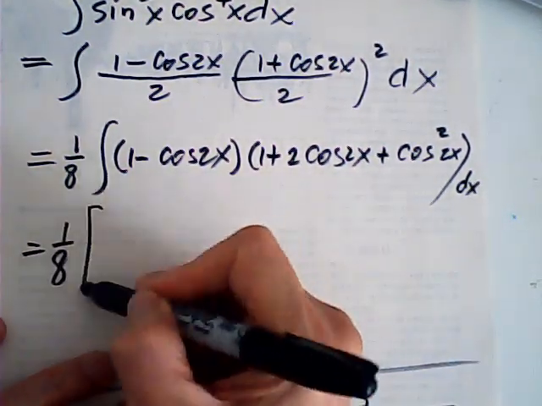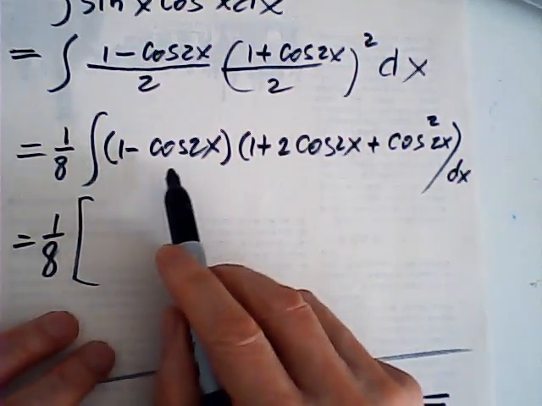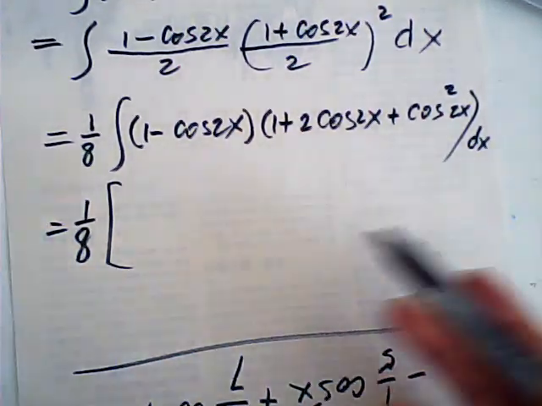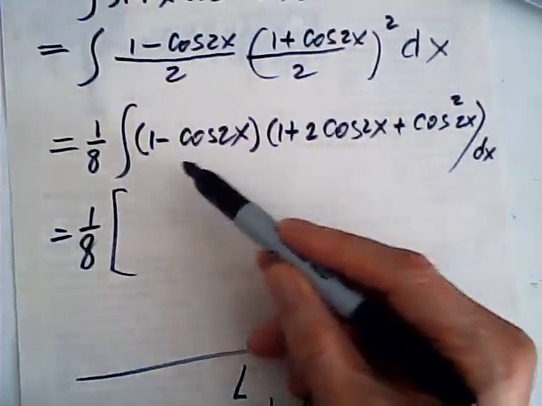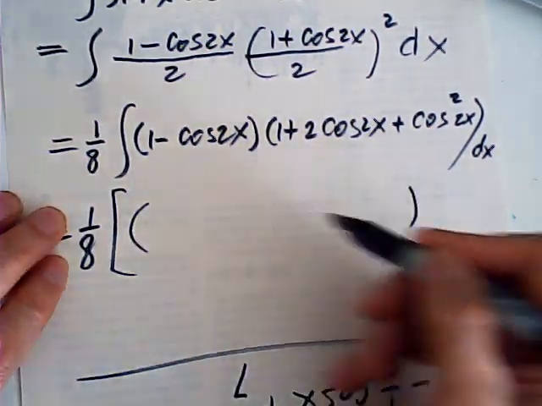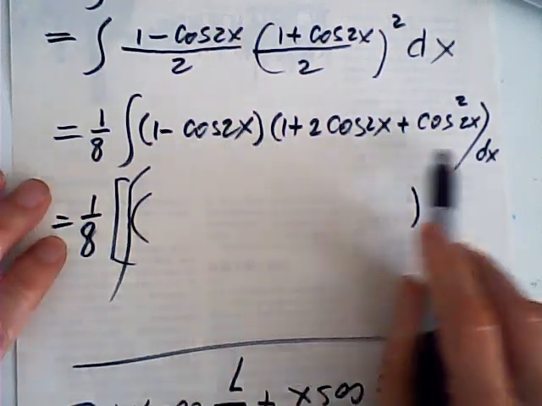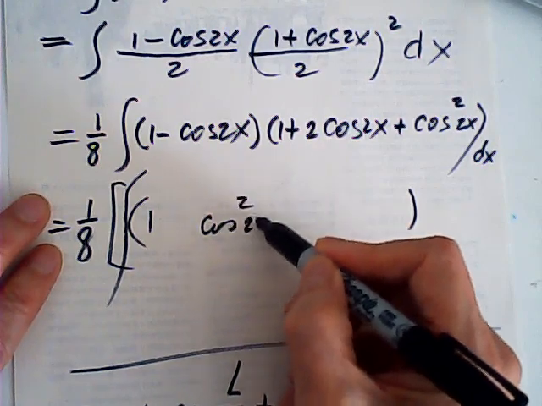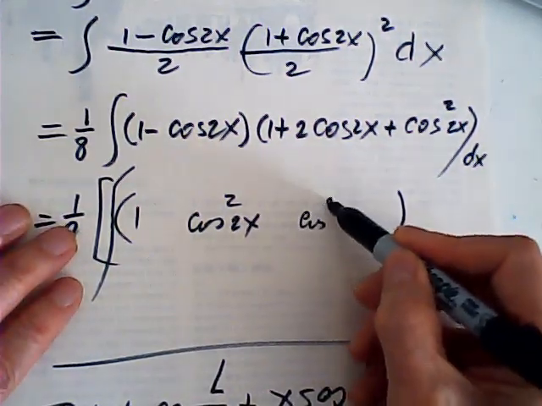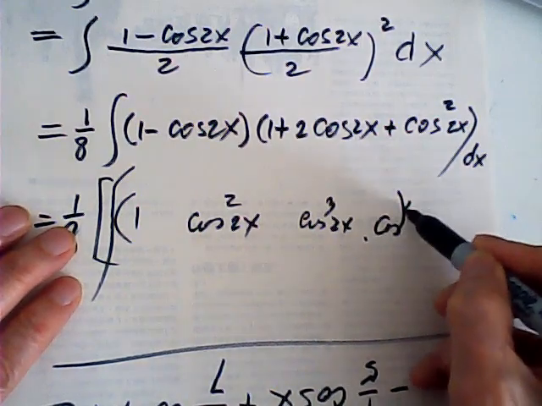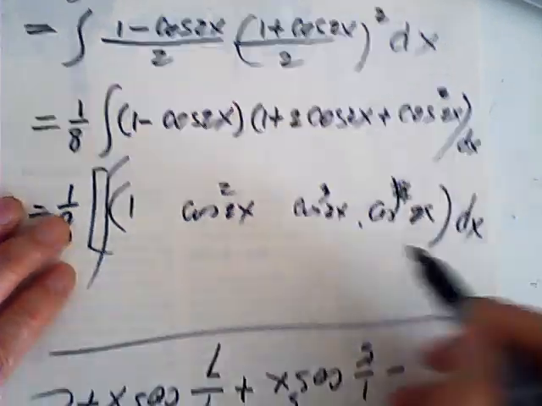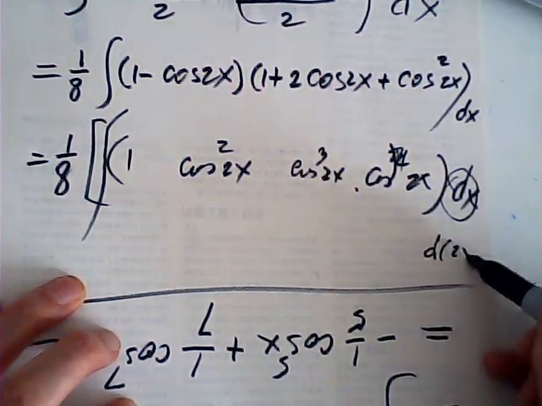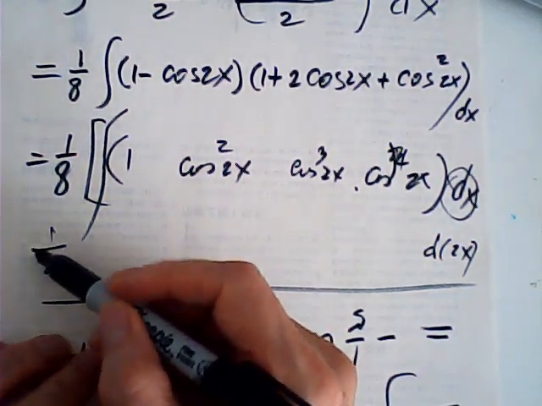This is just simple algebra, right? You have a polynomial function to integrate, in which you have a 1, you have a cosine^2 2x, a cosine^3 2x, a cosine^4 2x, right? So whichever one we can do it. We can change this one to d 2x, right? And change on 16.